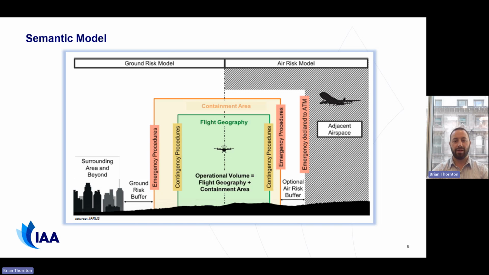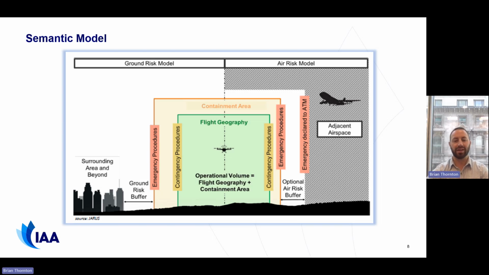You want to operate in an area where you know your aircraft can operate safely in some airspace above some topographical area. Outside of that, the semantic model prescribes a containment area. So in the event that your drone might leave the flight geography because of loss of control or whatever, you can contain your UAS to the containment area.